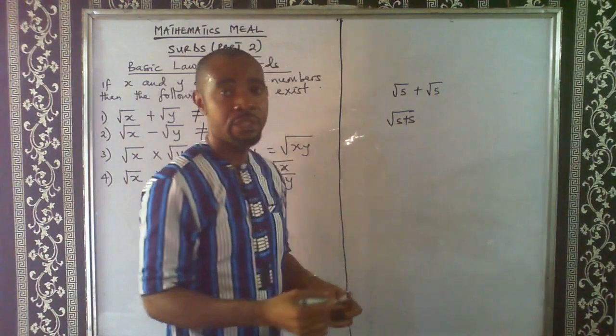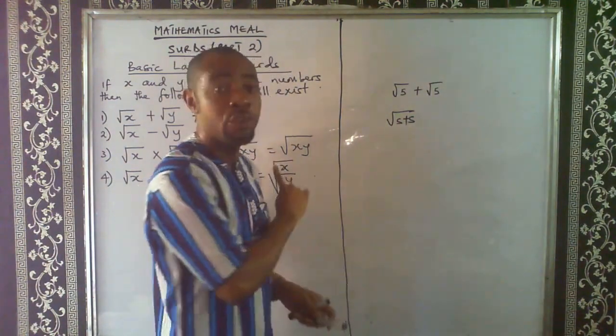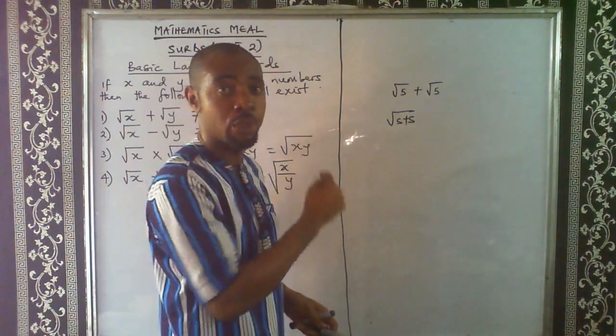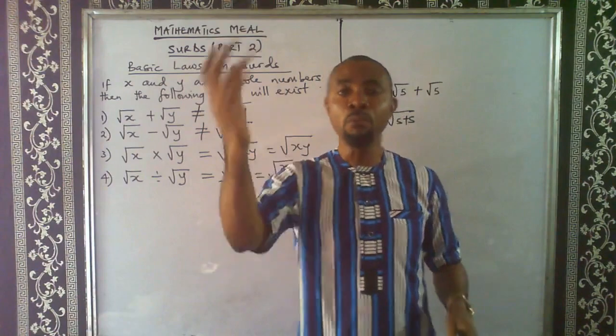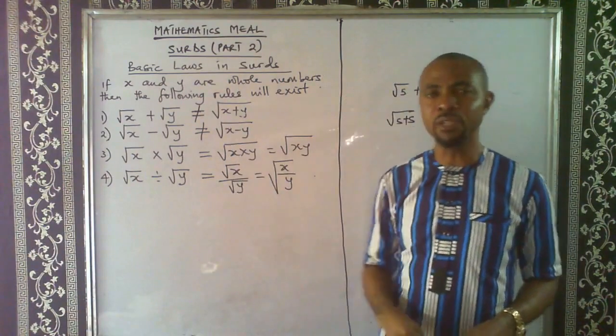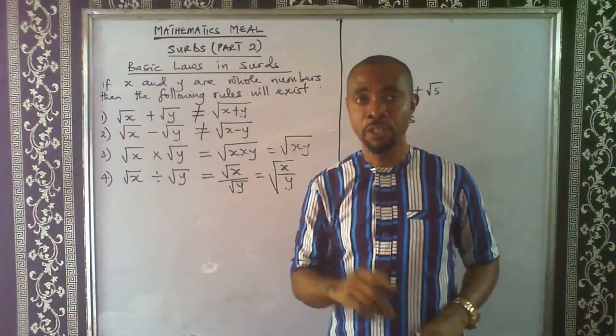That would be dangerous. Very dangerous. It means that you did not understand these basic laws. That's why we have to look at these basic laws first before we move into other aspects of simplification of surds. Very important.